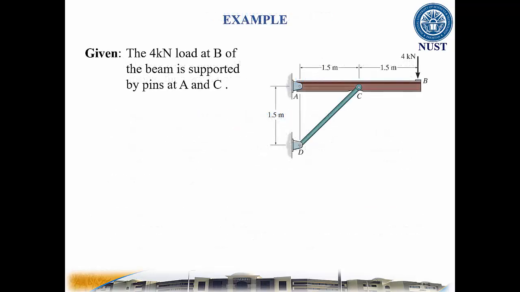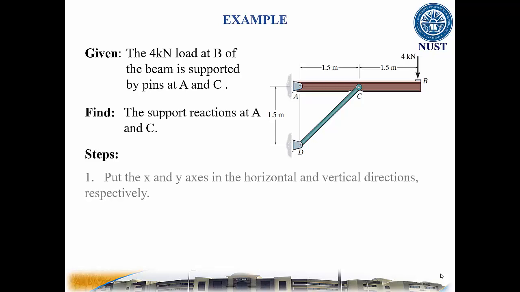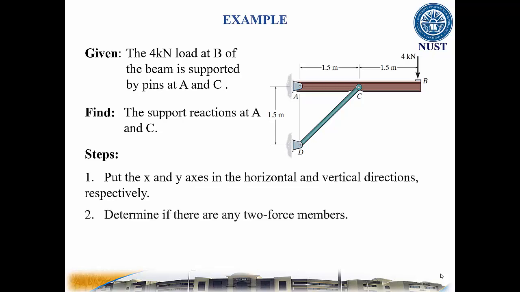Okay, now considering this example, the 4 kN load at B of the beam is supported by pins at A and C. To find the support reactions at A and C, we need to take the following steps. Put the x and y axes in the horizontal and vertical directions respectively. Determine if there are any two-force members.